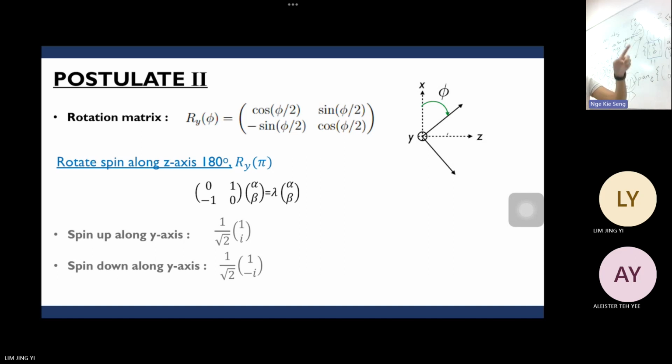If you work it out, that will be the rotation matrix for 180 degrees. The alpha and beta are the spin state along the y-axis, which are unknown for now, and then there's a constant in front of it on the right-hand side.